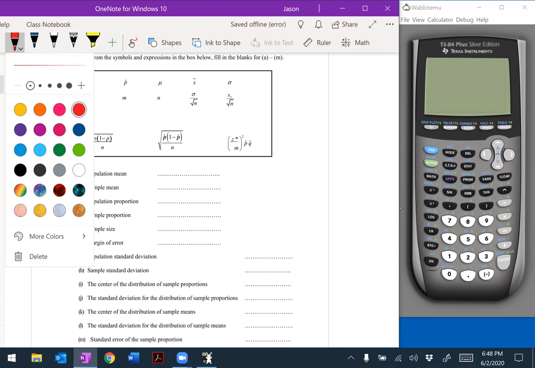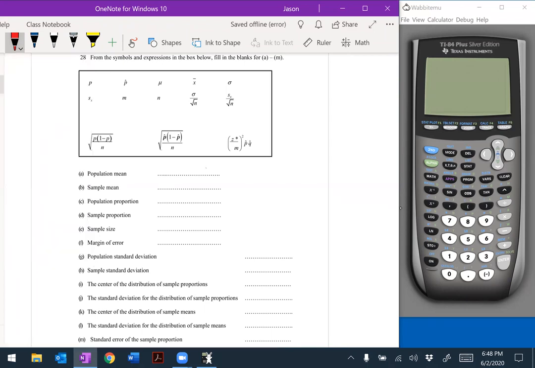Population proportion, P. Sample proportion, P hat. Sample size, n.